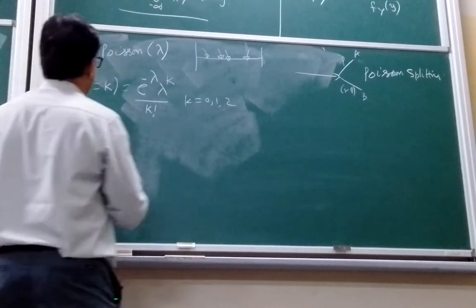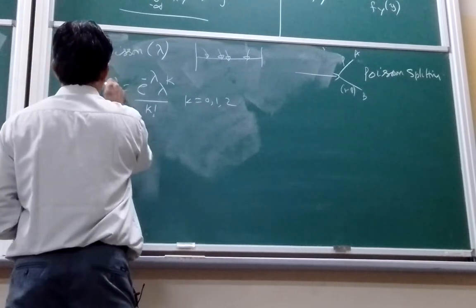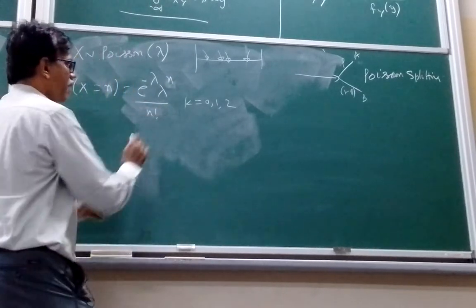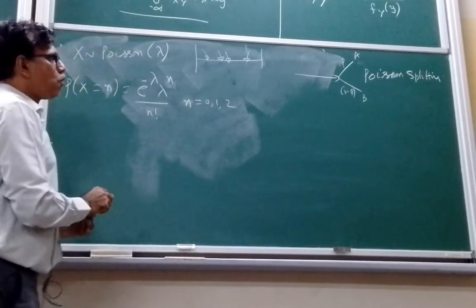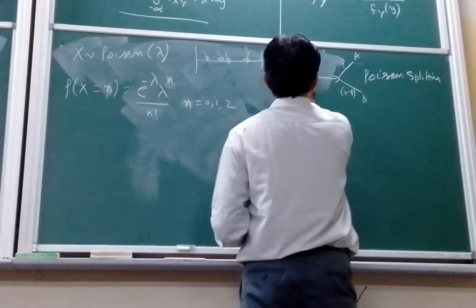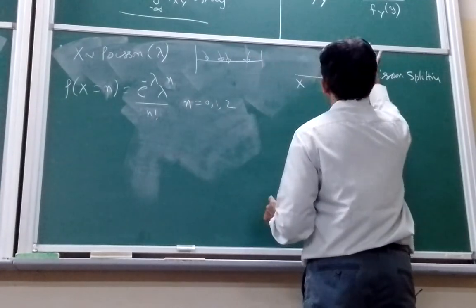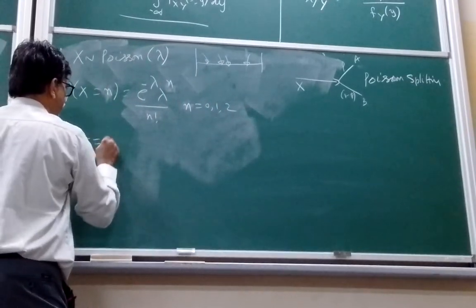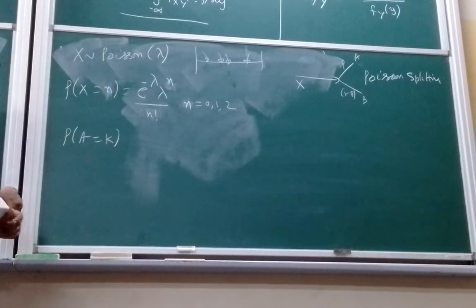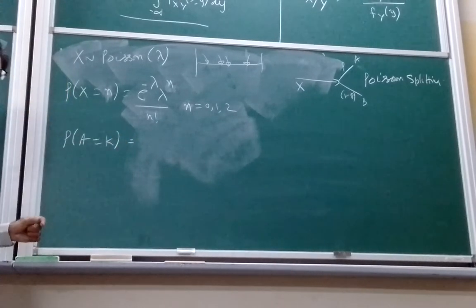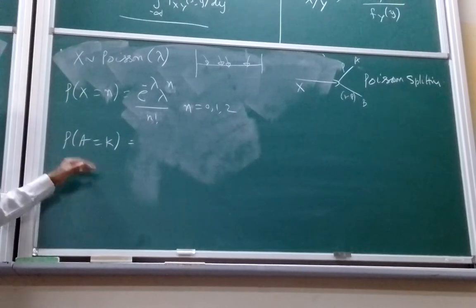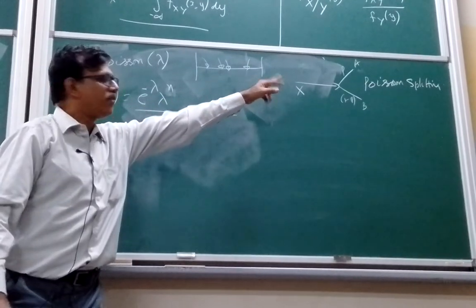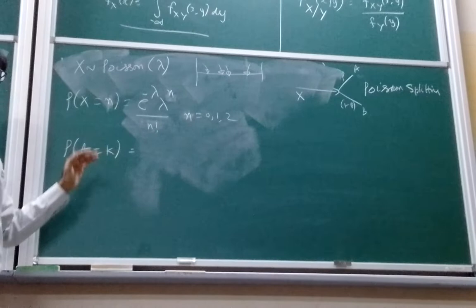This is the original one. So instead of putting K, I will put N. Now, this is X, the original process. Then what we are asking is probability that A is equal to K is what we have to find. That is, what is the probability this A will take a value K?